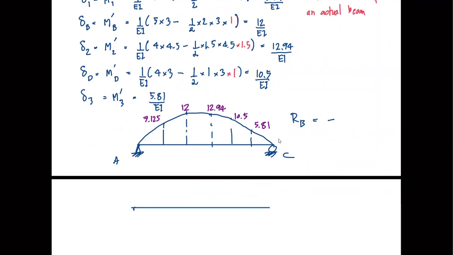Because what we have calculated is the displacement, right? So the correct way to draw it is that the displacement should be downward. Okay, so the correct drawing should look like this.